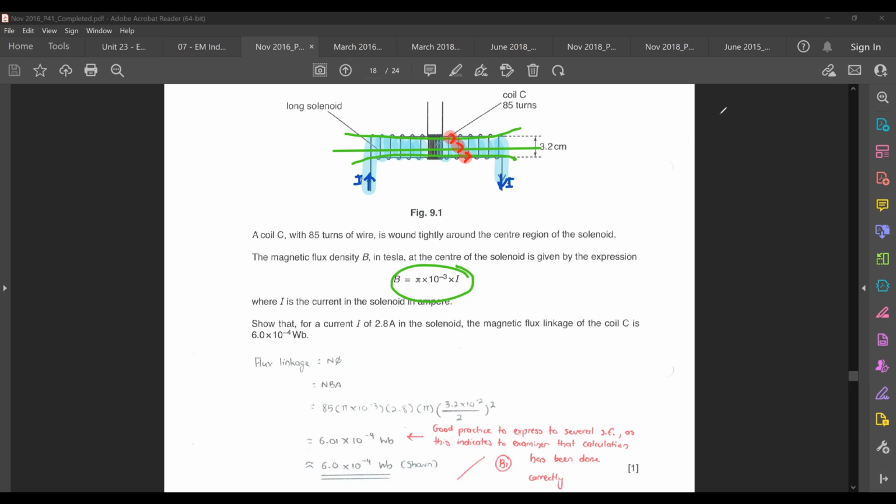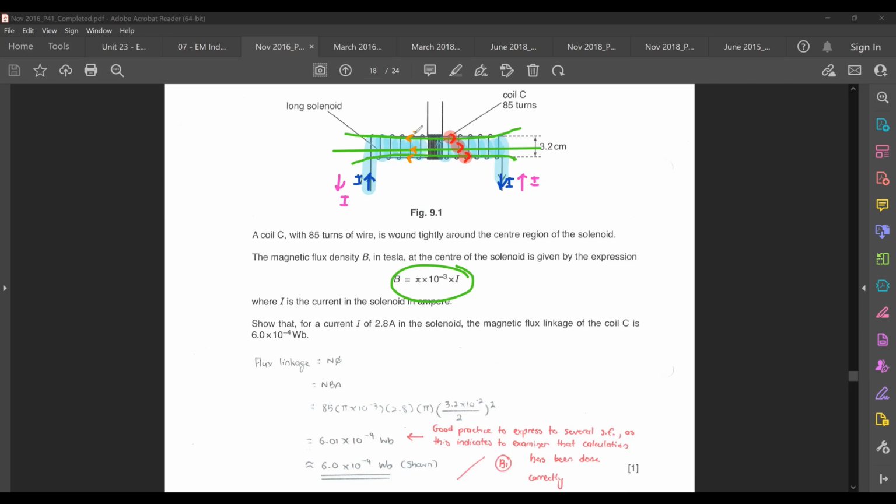They told you that your current is reversed in the opposite direction. So this time, your current, rather than flowing like what is indicated by the blue arrow, is now flowing like this. The same current flows through your solenoid. It's going to produce a magnetic field, but the direction of that magnetic field would now be in the opposite direction because your current direction is opposite. So rather than pointing towards the right, it's going to point towards the left.